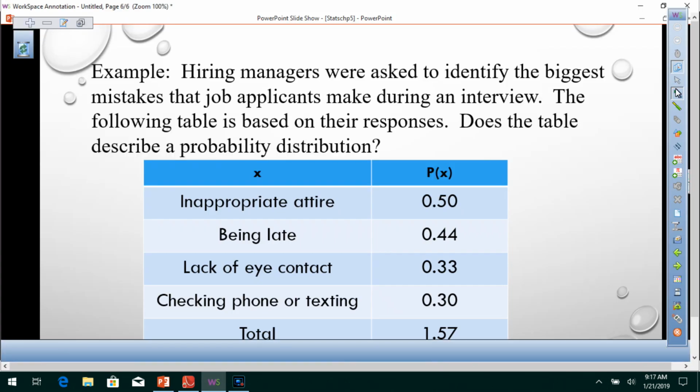The first requirement is that there is a numerical value, not categorical, random variable x. Now, does this look like it is numerical? It looks more categorical, doesn't it? So, requirement number one.